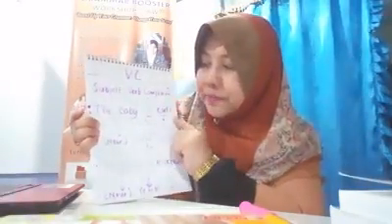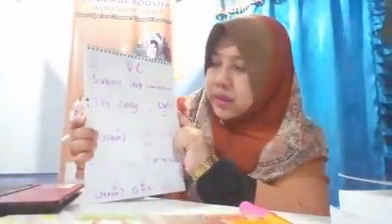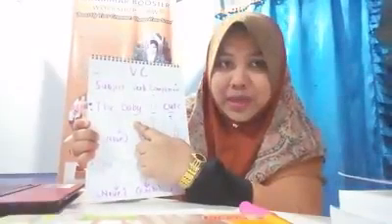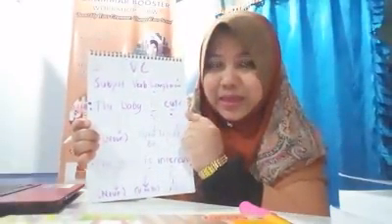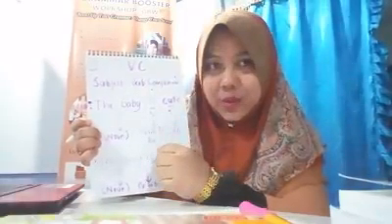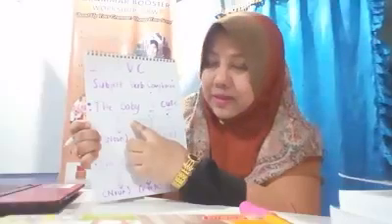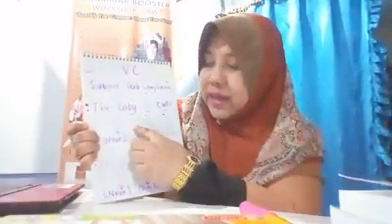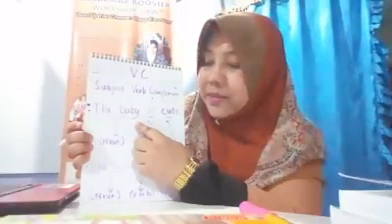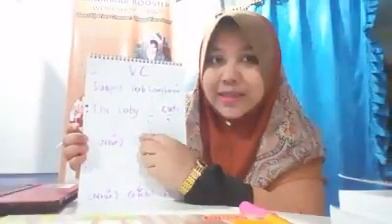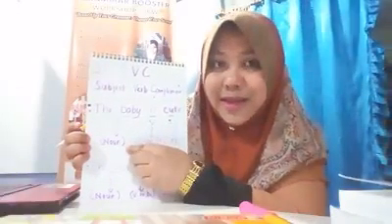So see this pattern. Refer to the example. The baby is cute. What's the difference from SVO? If you notice here, the baby is still the subject, singular, and it's also a noun.